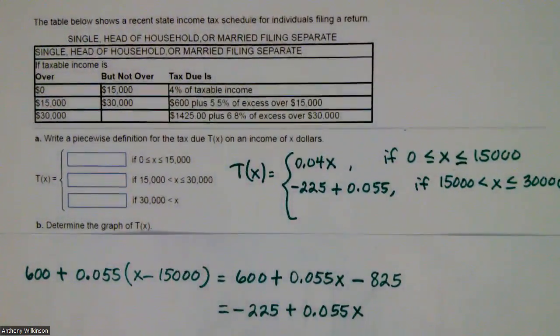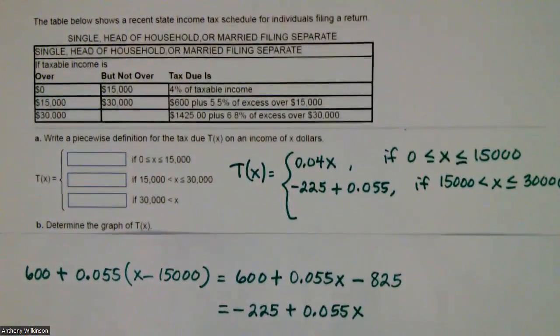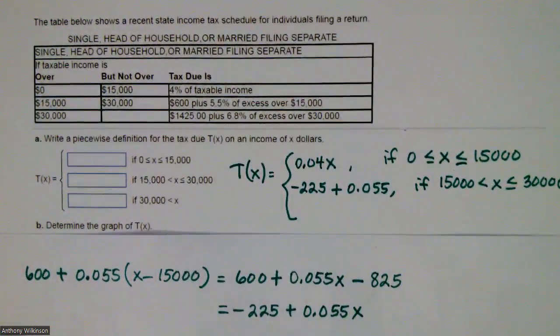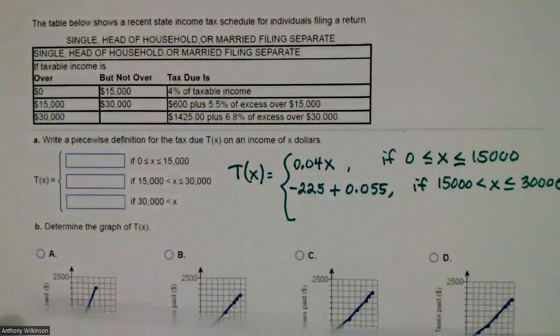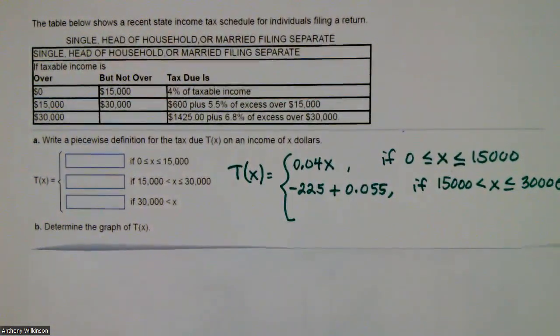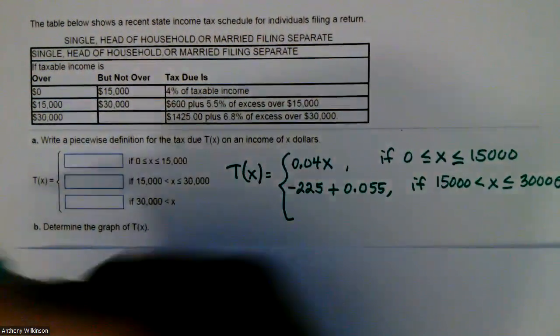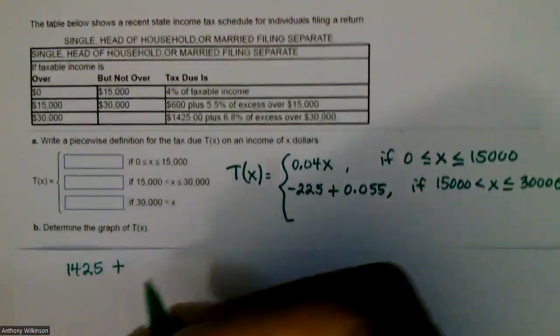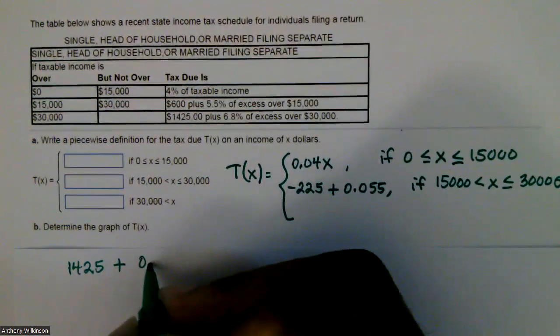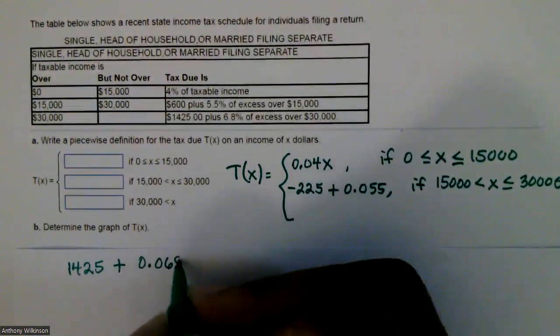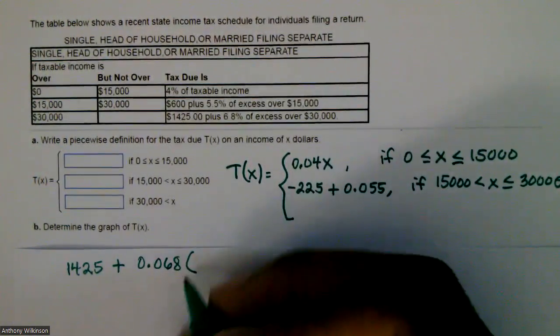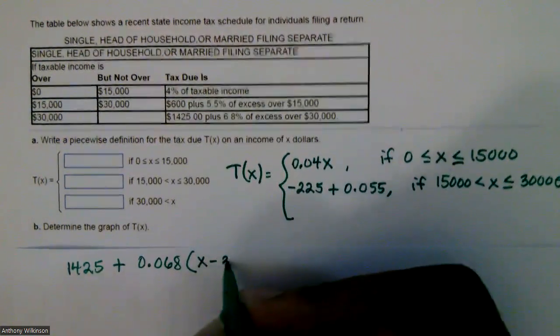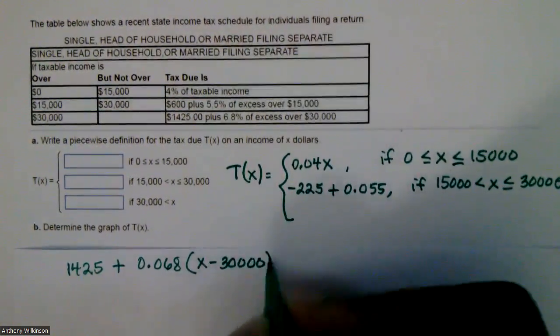And then for the last one, 30,000 on up would be 1425 plus 6.8% of the excess over 30,000. In this case, we'll write that as an algebraic expression: 1425 plus 6.8%, which is 0.068, of the amount over 30,000, x minus 30,000.